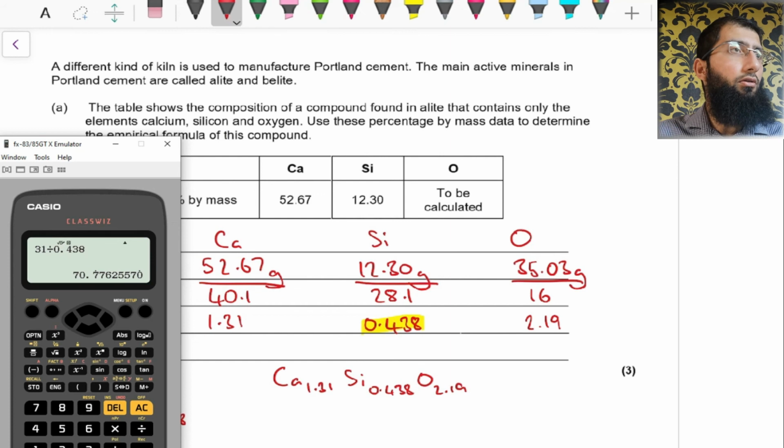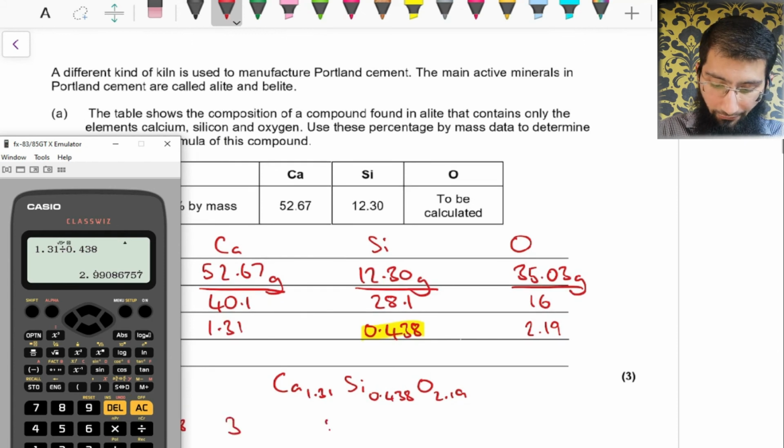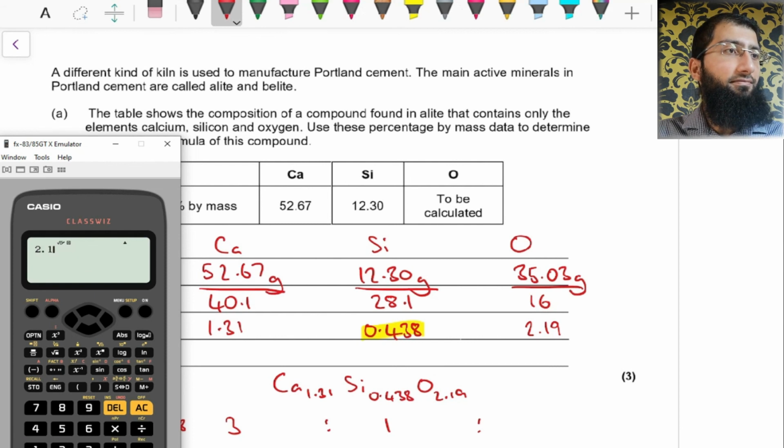Take care when you're putting the values into the calculator. I'm clearly making loads of errors. So that's going to be a value of 3. 0.438 divided by 0.438, I don't need a calculator for that. That's just 1. 2.19 divided by 0.438 is 5.